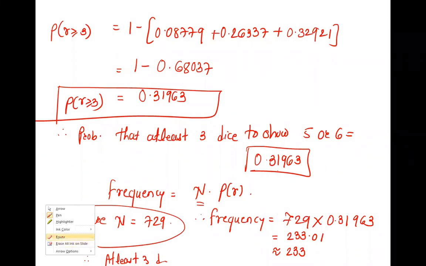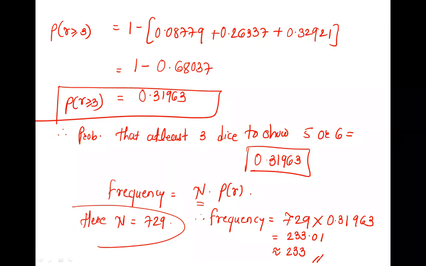Done. So your final answer is 233 times. Whatever the question is, this is the answer: how many times the dice will show 5 or 6, 233 times.